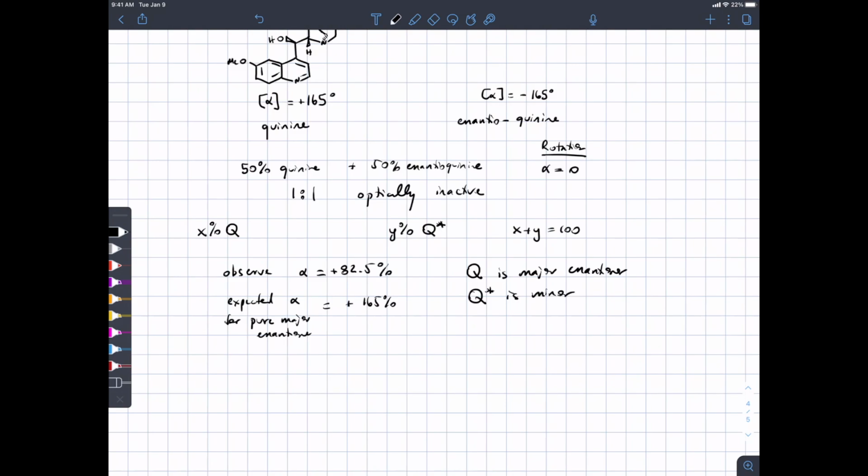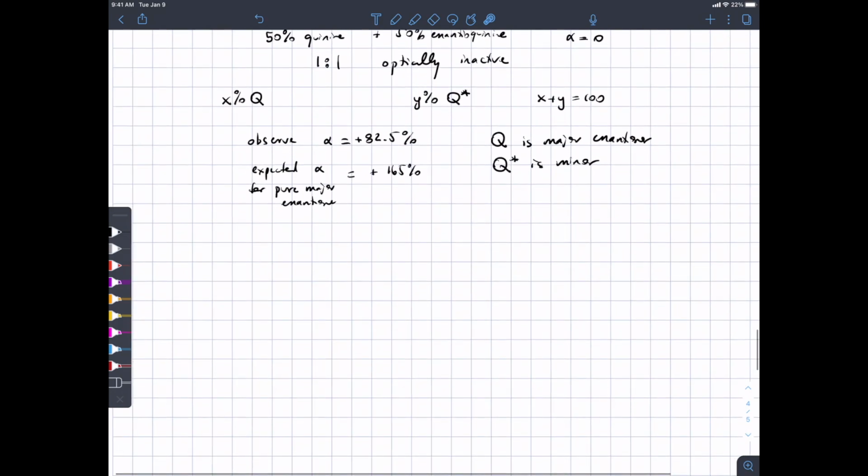If it weren't that way, if they were just 50-50, I would get 0 rotation. So the fact that I'm getting plus 82.5 rotation tells me I have more of quinine than I do of its enantiomer. And it's actually quantitative.